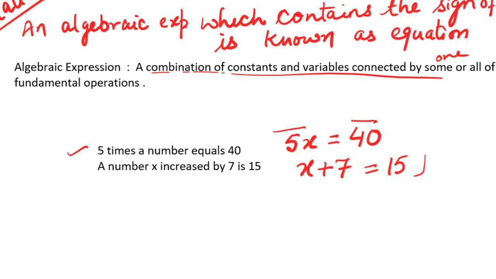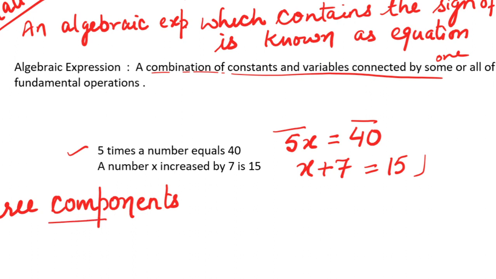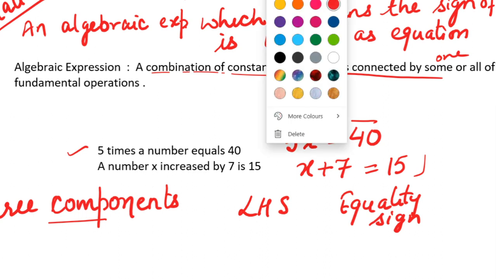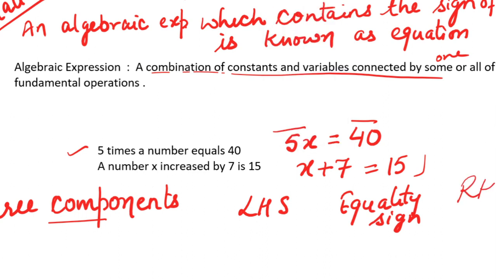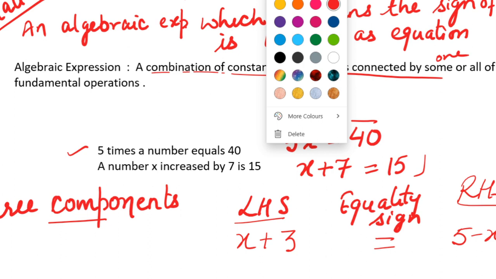Now we can see in an equation there are 3 components. One is the left hand side, then the equality sign, and the right hand side. Here, the left hand side is x plus 3, equal to is the equality sign, and the right hand side is 5 minus x.